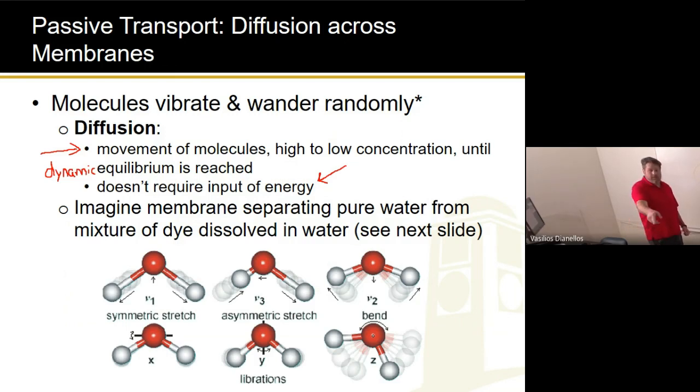So you guys who did experiment 1, you put that drop of dye on the plates, and it just naturally did its thing, right? It naturally diffused. You did not need to put energy into it. Now, granted, when you did put energy into it for the one that was on the hot plate, it went quicker. But it does not require an input of energy. This just naturally happens. So remember that for the exam.